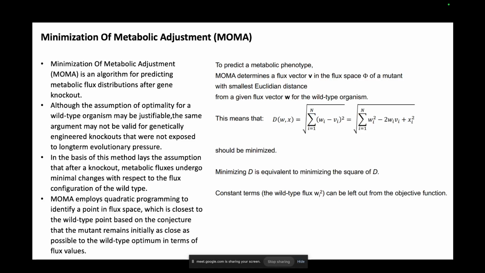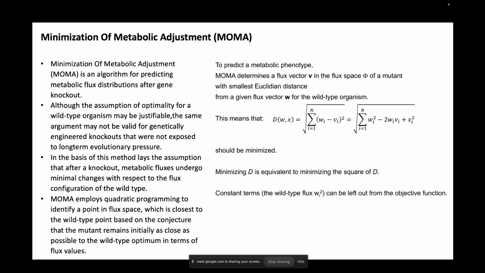If you knock out one gene, it does not just affect its own product while the rest of the things go on fine, because that gene will be involved in other things as well. So a lot of things will get hampered inside the cell. So the assumption of optimality is not justifiable when it's a knockout, and flux balance analysis is not actually a good fit for this kind of modeling.